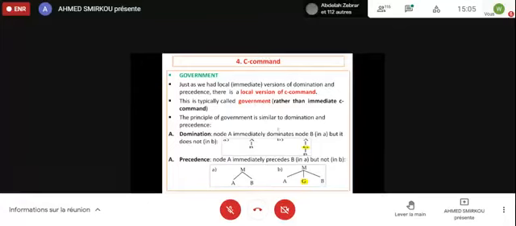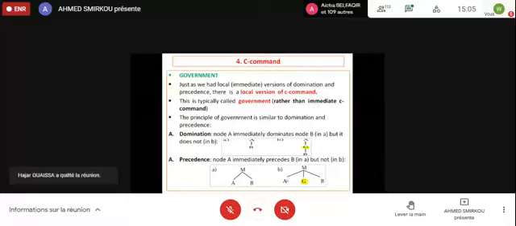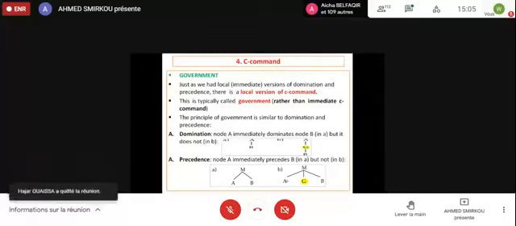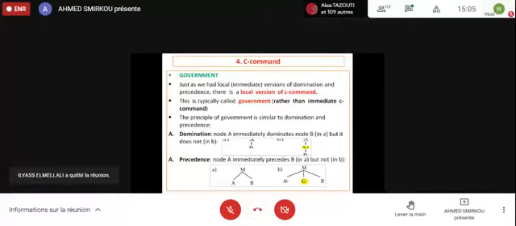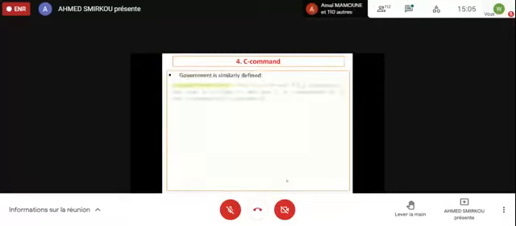So government is similar: when something intervenes between A and B, you don't get immediate domination or immediate precedence. This is the main idea of government. When something intervenes between node A and B, then you may not have C command or government. So government is similarly defined.